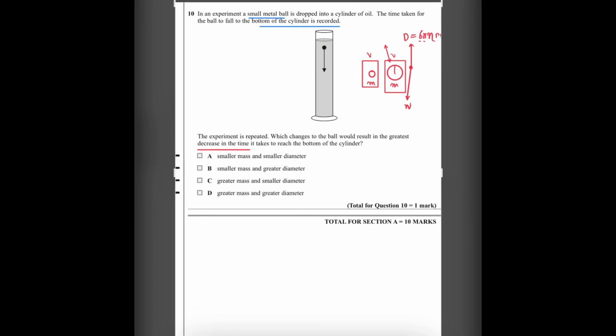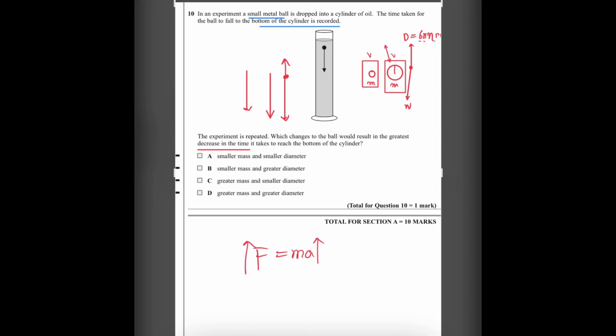So what scenario would give us the situation where the ball reaches the bottom of the cylinder the fastest? We will have weight. In a situation where the weight is way more than the drag, there would be a higher resultant force downwards. A higher resultant force downwards means a higher acceleration downwards.